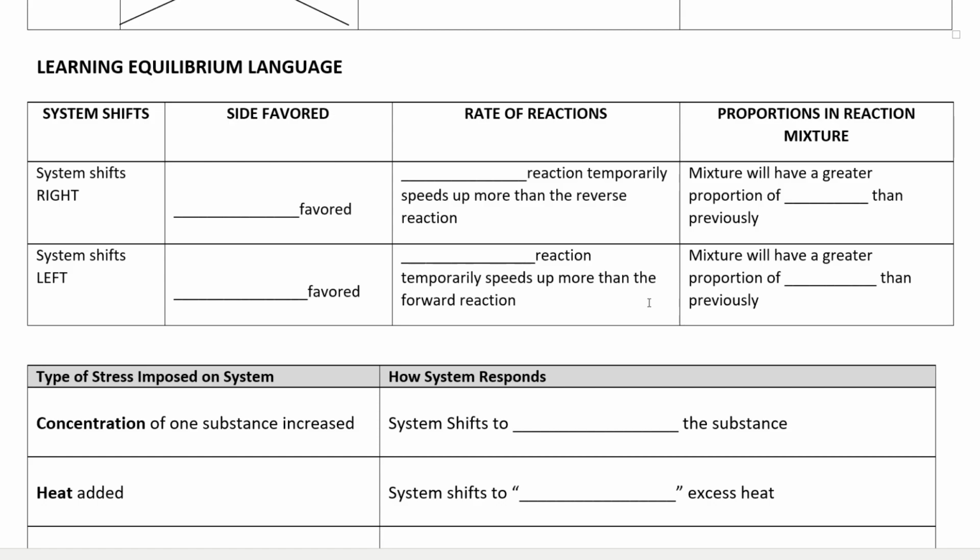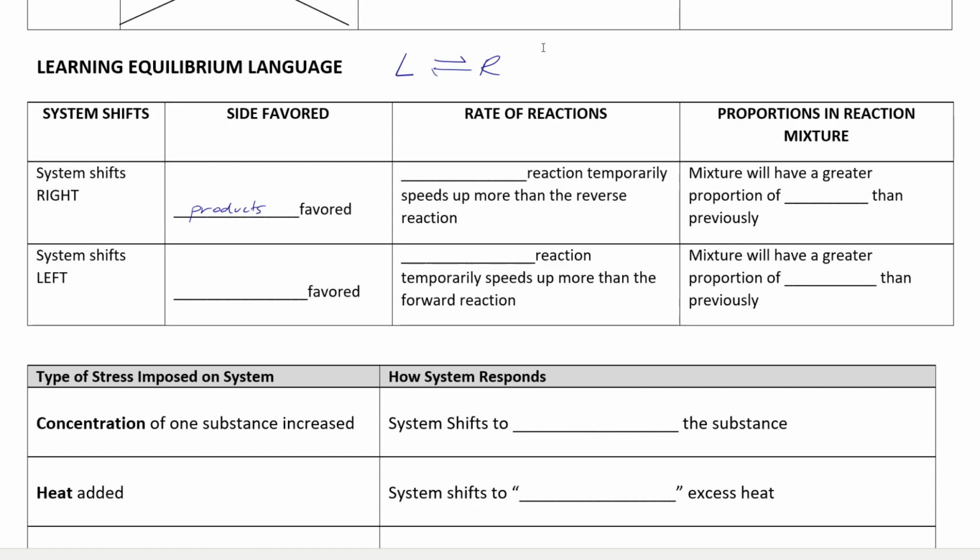For example, if you have a reaction that is L, for left side of the reaction, equilibrium arrow, going to R, which is the right side of the reaction, when the system shifts right, the products are favored because the products are on the right side of the reaction.